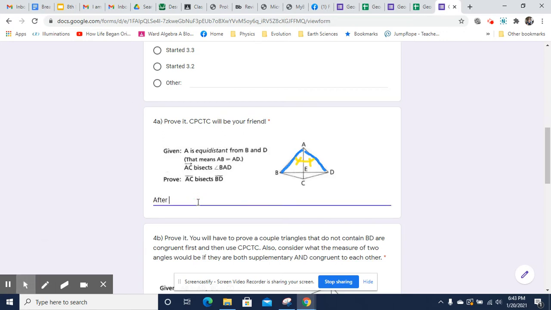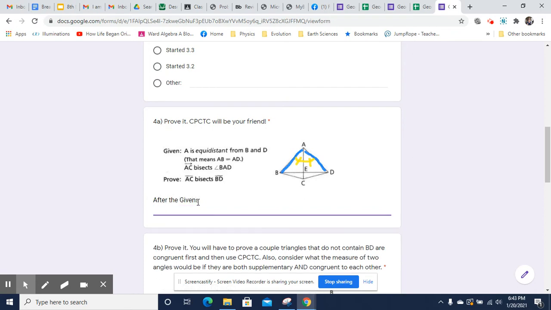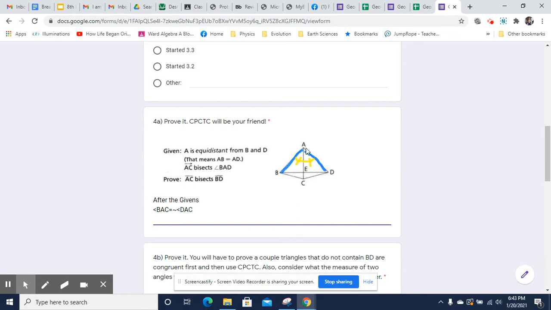So after the givens, we can say that angle BAC is congruent to angle DAC. Okay, so now, do we have enough information right now to prove?